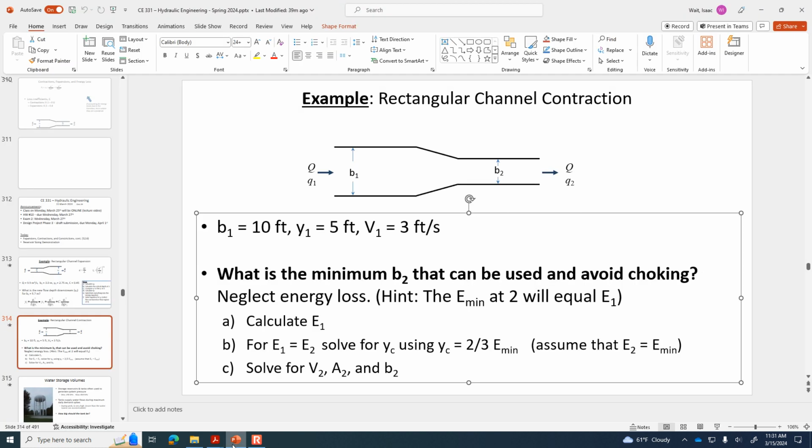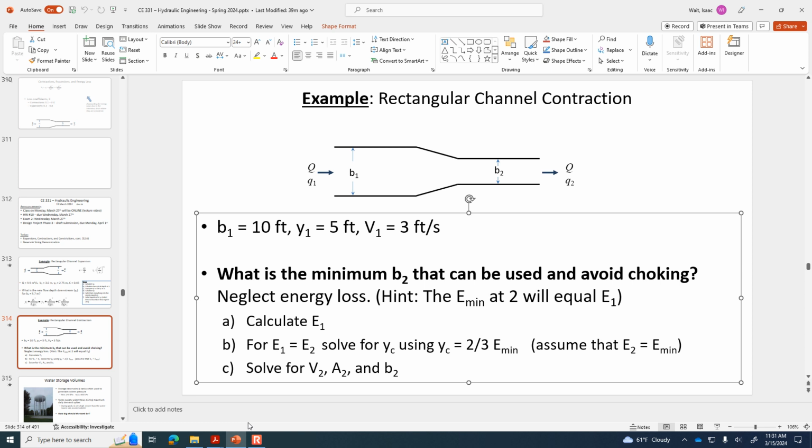Now, where is the energy in that critical depth? 2/3 of it is in the depth. 1/3 of it is velocity head when conditions are critical. And so that's going to allow us to find the velocity downstream, because we know the depth is 2/3 of the specific energy.